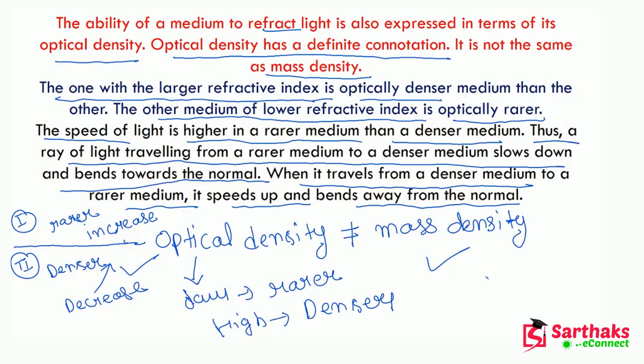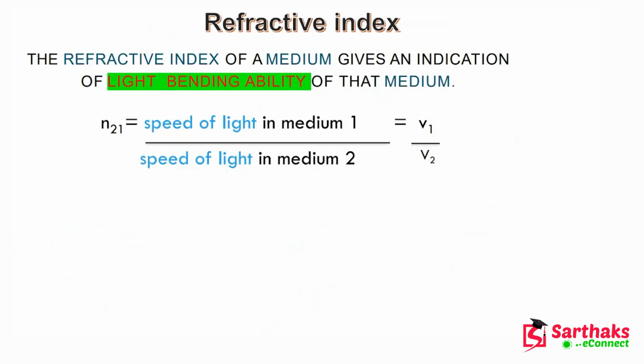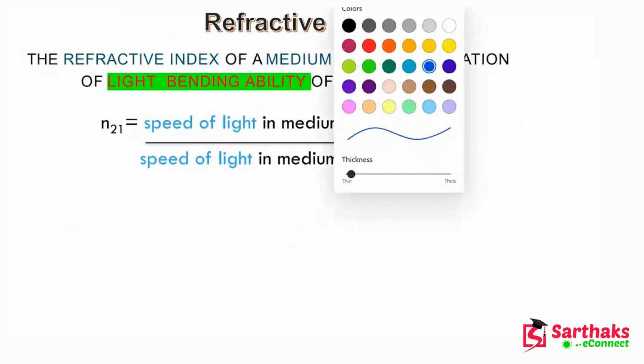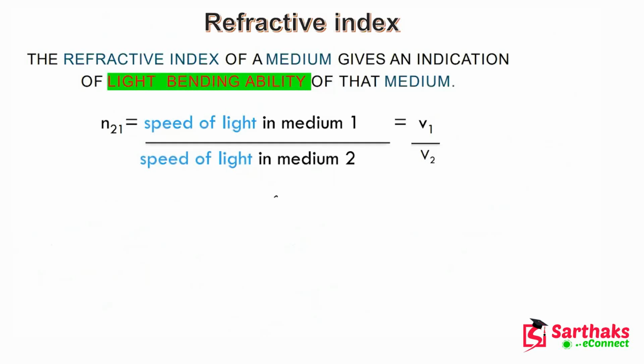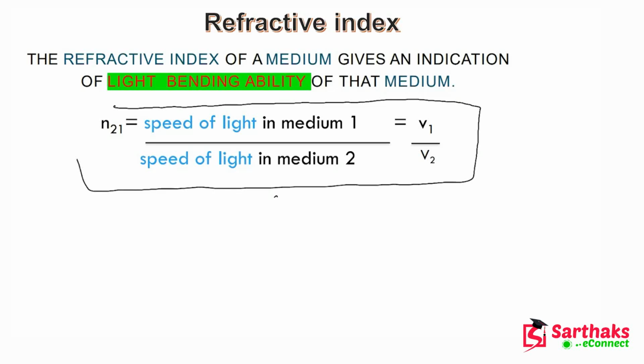Now let's move to the next slide. Okay, so here the formula of refractive index is given. If you are to calculate the refractive index of a medium, then you can simply figure it out with the help of this formula. So let's suppose this is a light ray in medium first, and this is bending, and this is medium second.